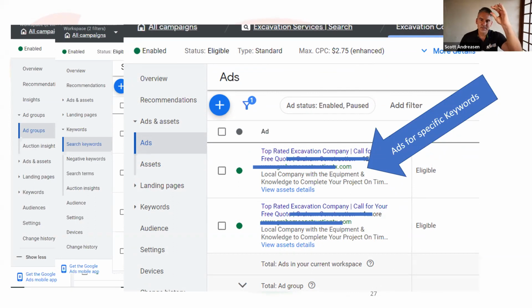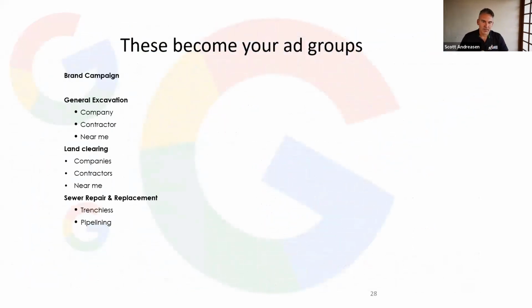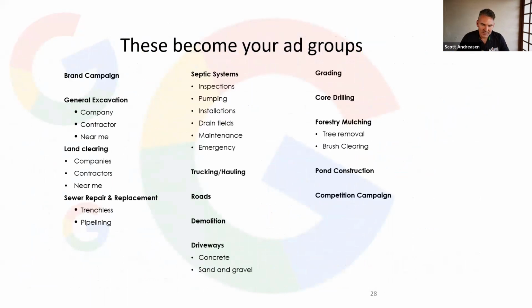We've got corresponding keyword phrases that are going to go with each category. And then we've got ads that are going to mimic our keywords. So hopefully that makes sense. Okay, so this is just showing you what we did. These become your ad groups for your excavation and septic services right here.